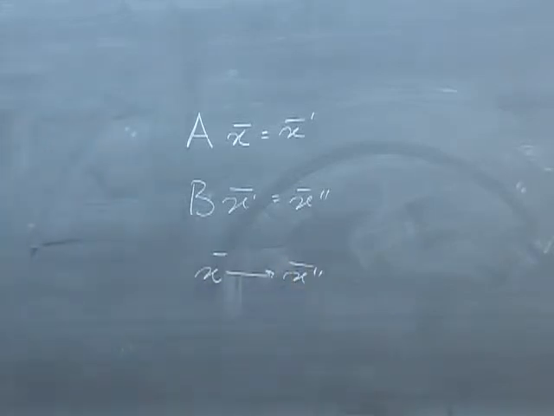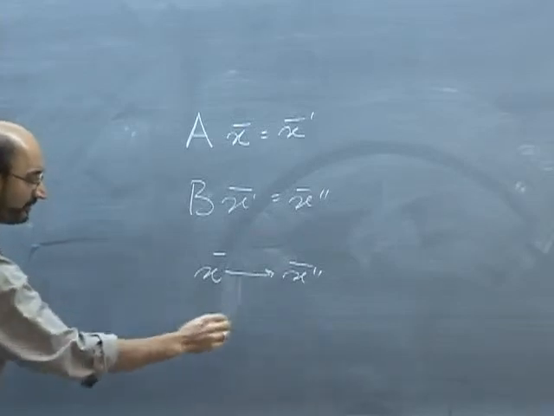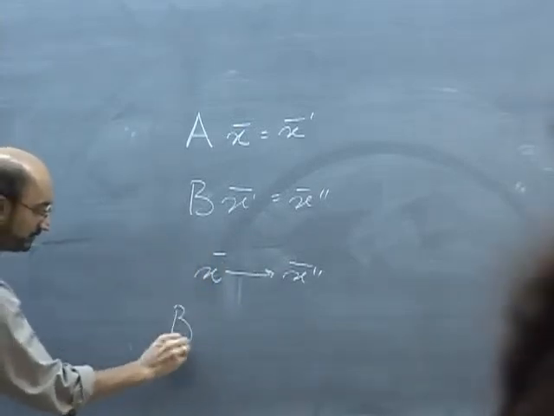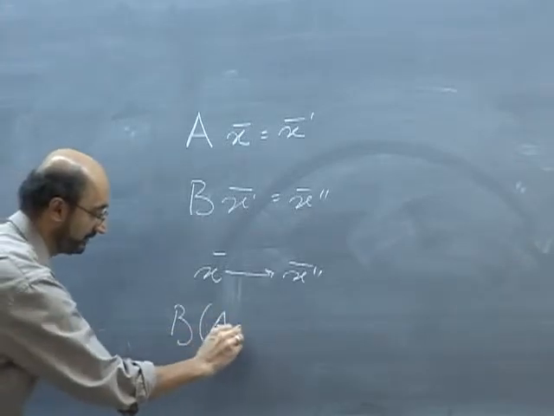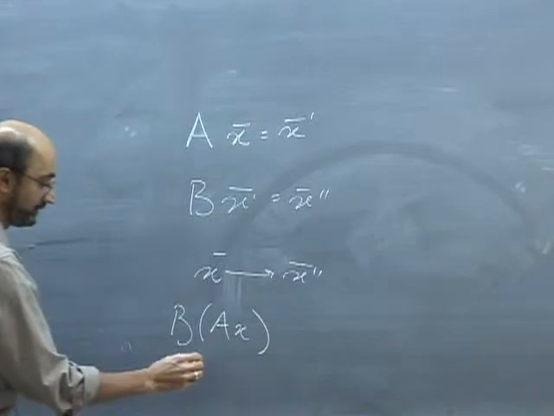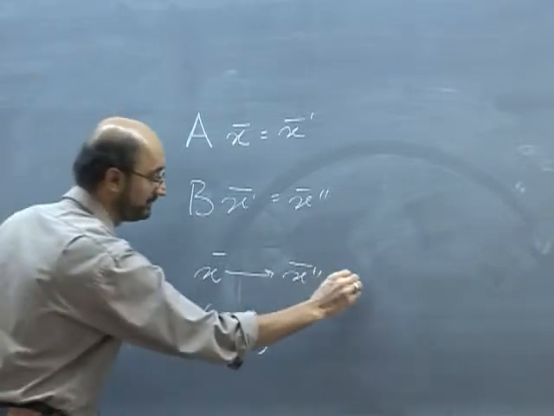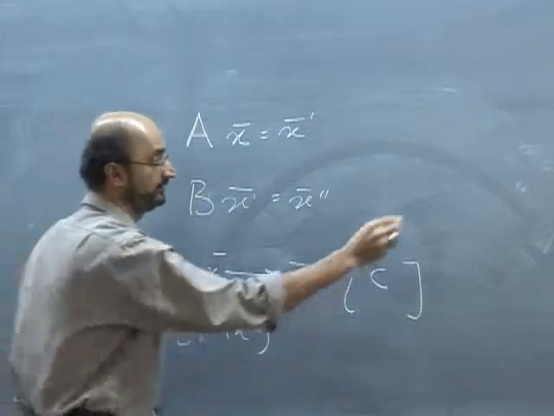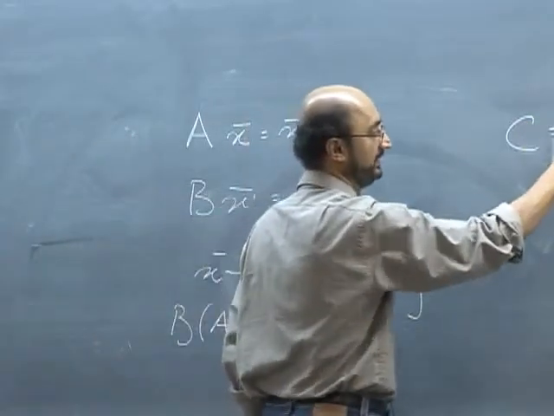And I mentioned to you in the first class, or maybe second class, about the notion of multiplication. Why do we choose multiplication? The reason is that the way we go from x to x double prime is that we are applying B to Ax. If you say this is given by the matrix C, then we find that C equals BA.